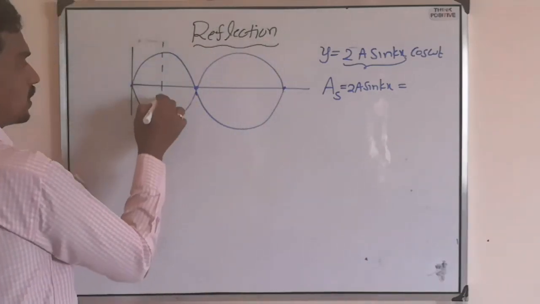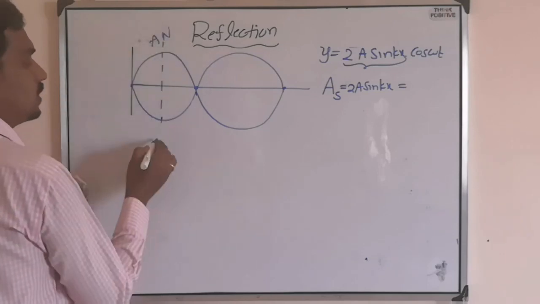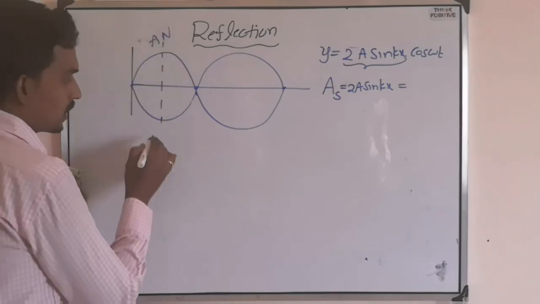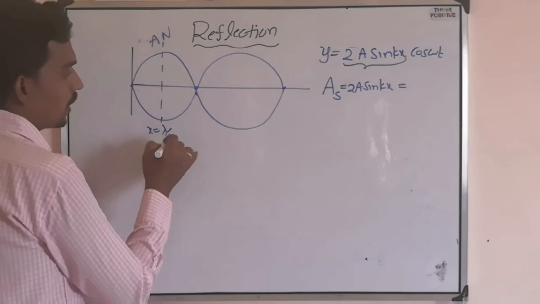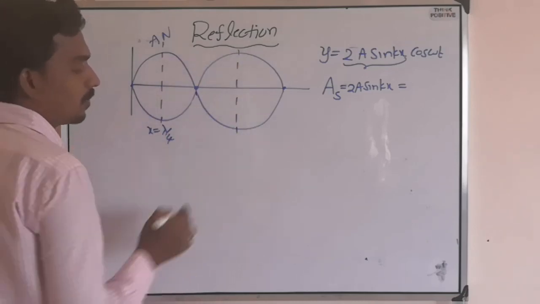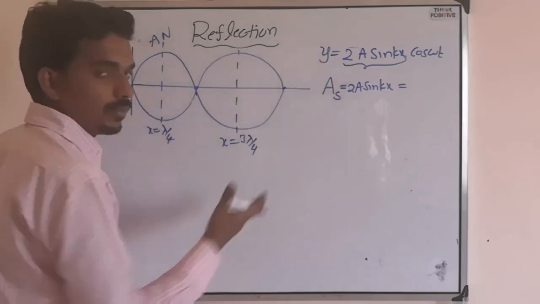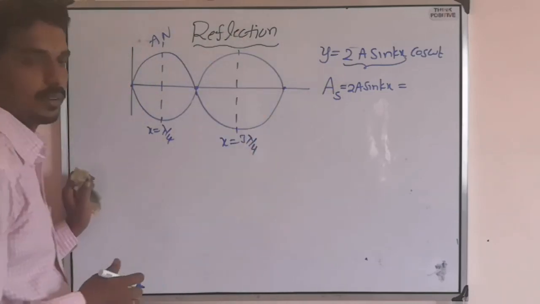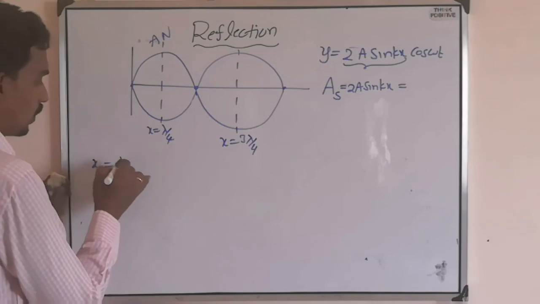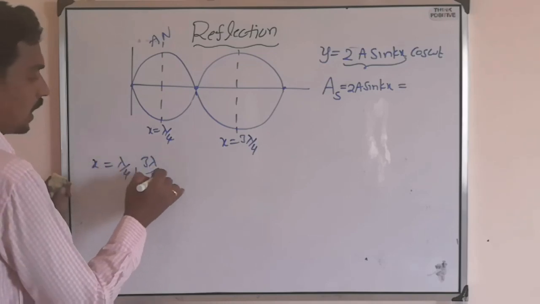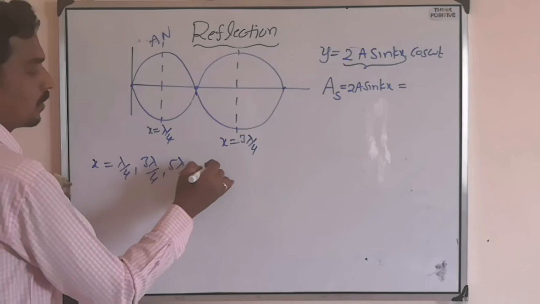Antinode means the amplitude is maximum. Here the position is lambda by 4. Next, here the amplitude is maximum, this is 3 lambda by 4. Next, 5 lambda by 4, and so on. That means for x equal to lambda by 4, 3 lambda by 4, 5 lambda by 4, and so on.